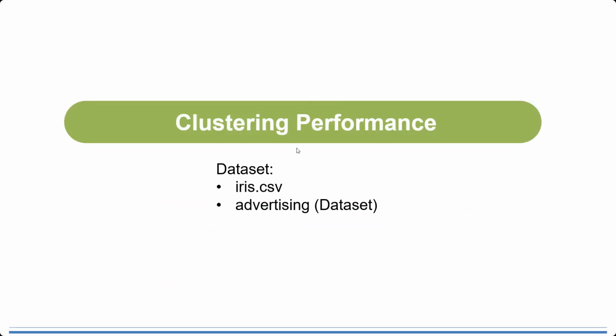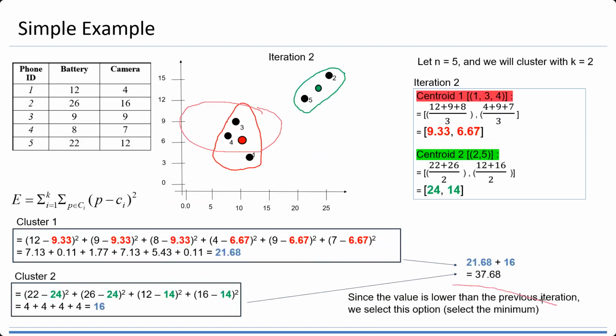Now, we need to check the performance. How can we know whether the clustering is good or bad? In the previous section, we learned that we need to find the minimum error. If it is the minimum value, then that is the best.